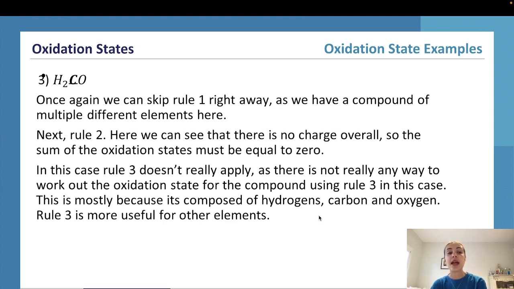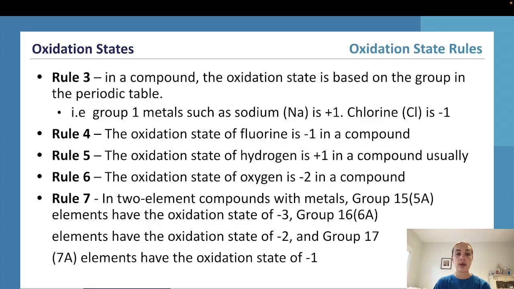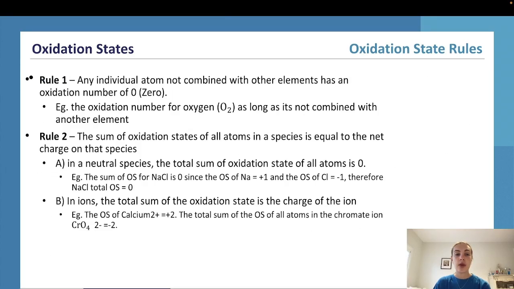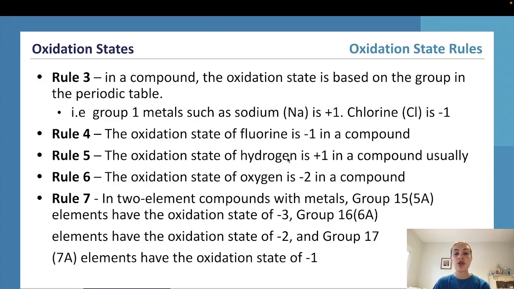And so in this case we need to go on to our next rule, which is applicable, and that would be our hydrogen rule. So we go back to our rules, and we can see that hydrogen is going to be +1 in a compound, and oxygen is going to be -2 in a compound.